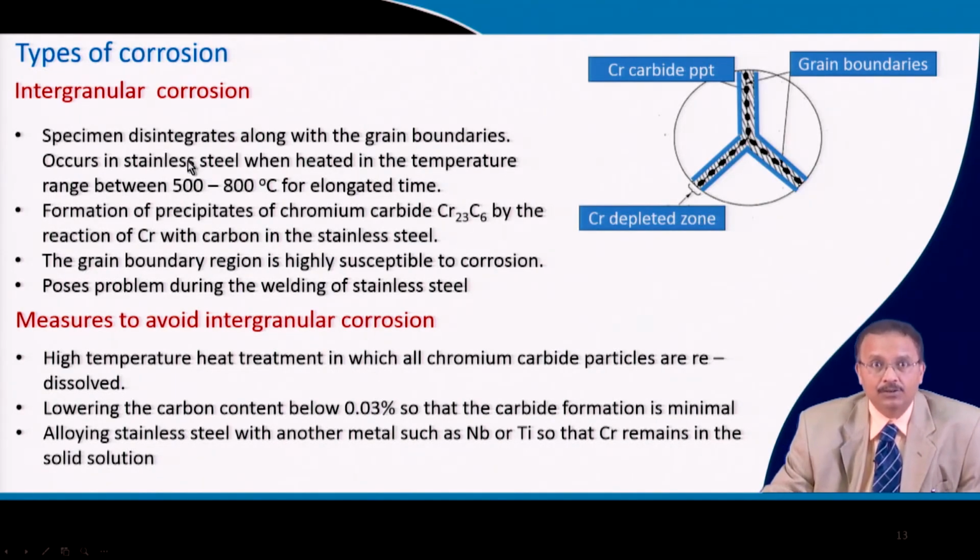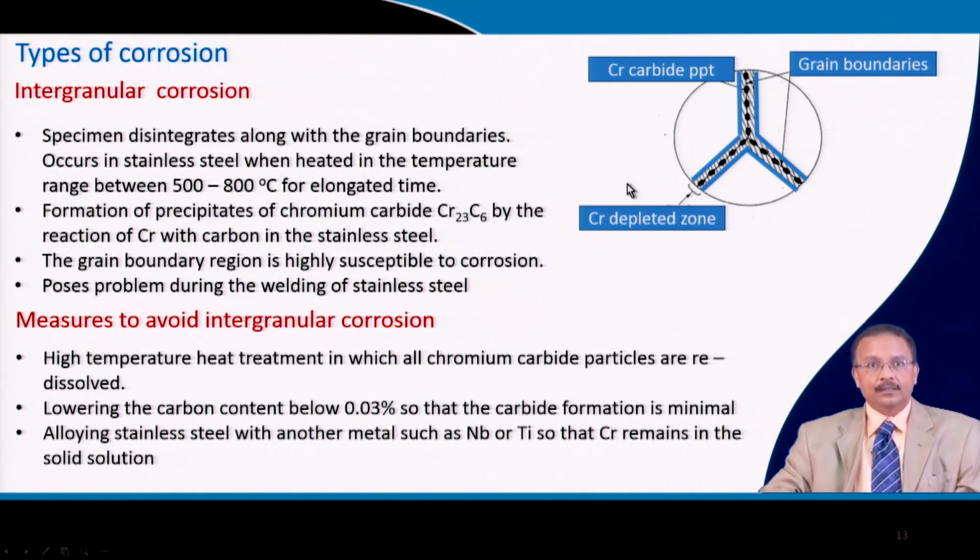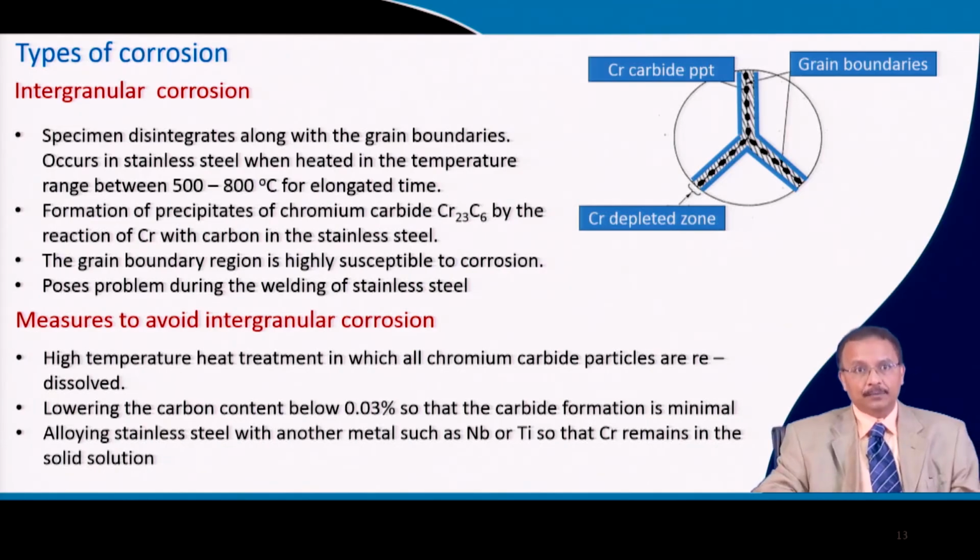Intergranular corrosion is also operative, particularly in case of stainless steel. Here the material degrades along the grain boundary. When the stainless steel is heated at a temperature in the range of 500 to 800 degrees Celsius for a prolonged time, the chromium within the steel forms chromium carbide, as carbon is there in the steel.